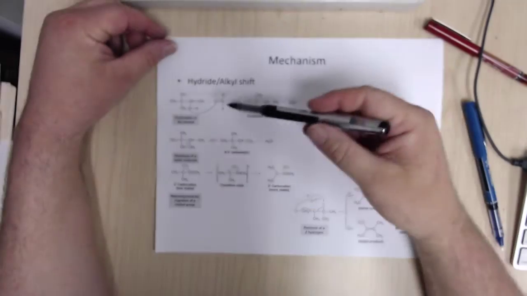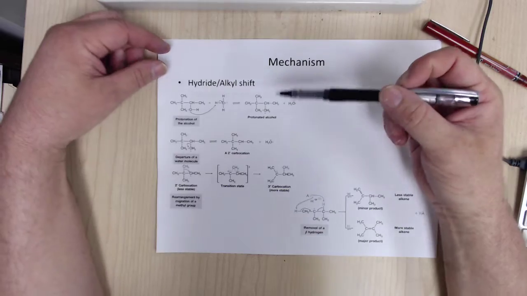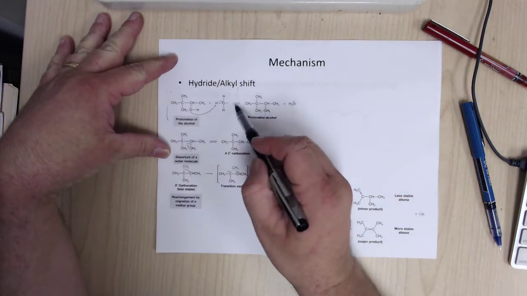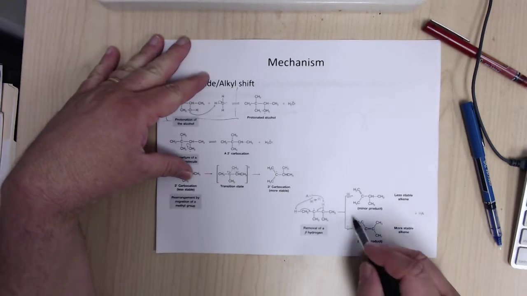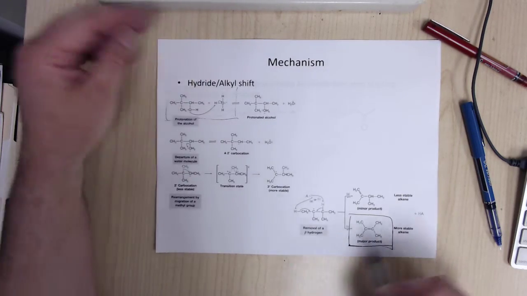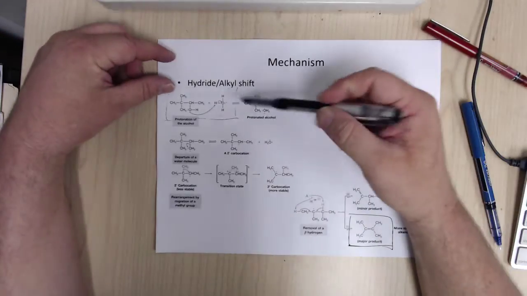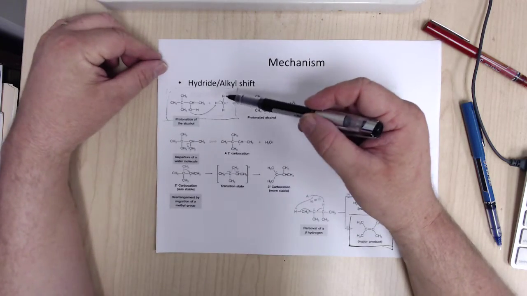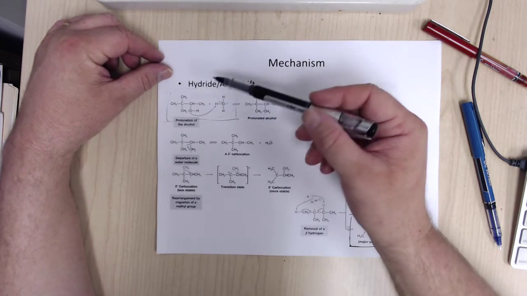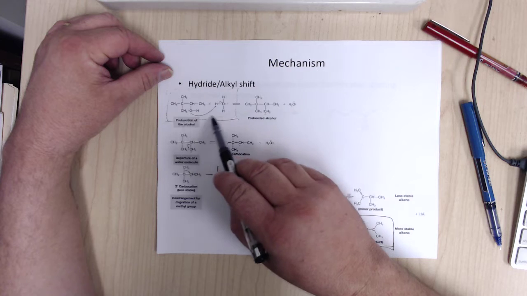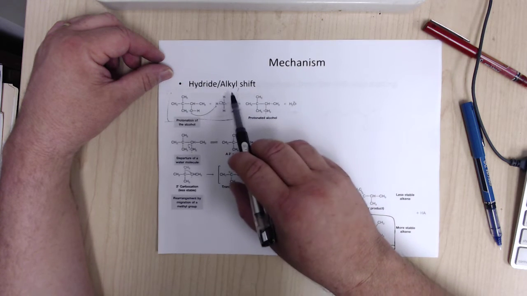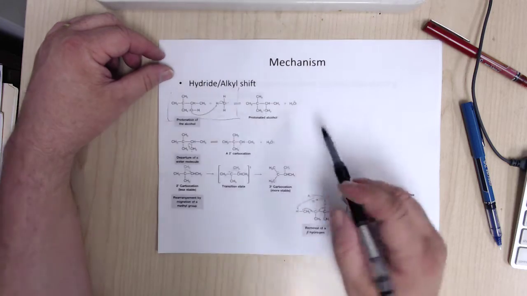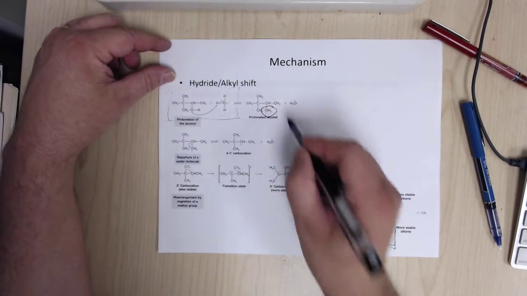Now, with the hydride shift, okay, so I'm going to give you this, and then I'm going to tell you what the product is here, and tell me how does it go there. Okay, so if we're going to do an acid catalyzed dehydration, right? So the OH is going to grab a hydrogen from the hydronium ion, okay, to make this into a good leaving group. Now it's a good leaving group.